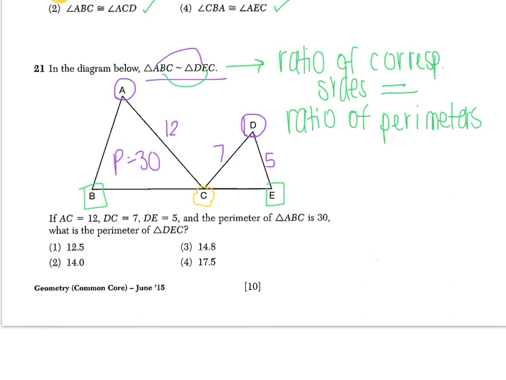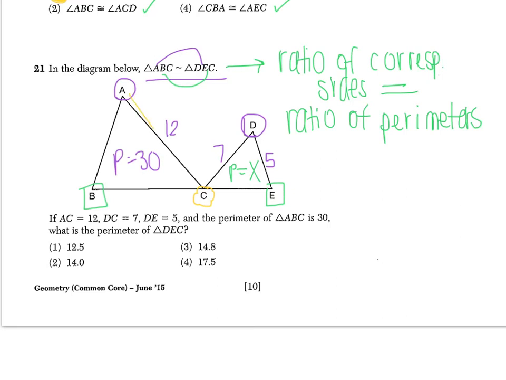So here, if I set up a ratio of corresponding sides, then I can also set up a ratio to help me find the perimeters, because our goal is to find the perimeter of triangle DEC, and we'll call that X.